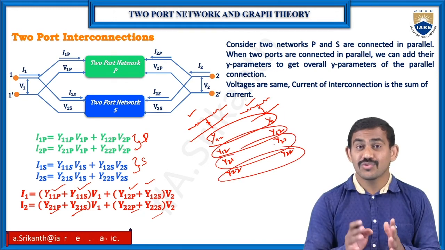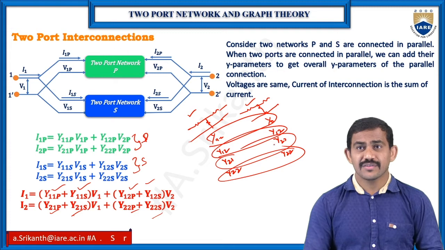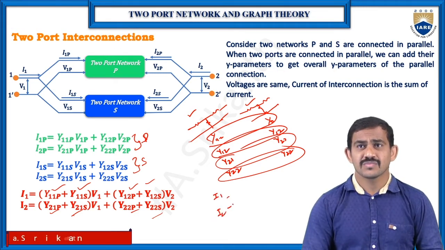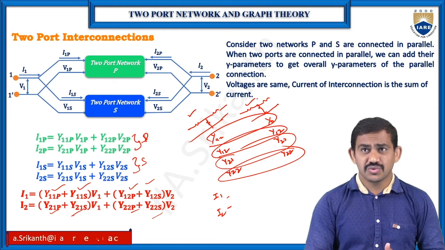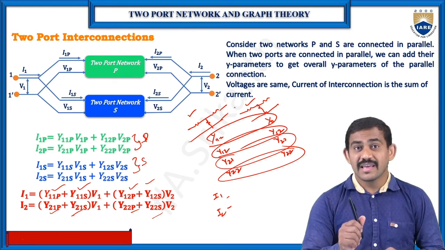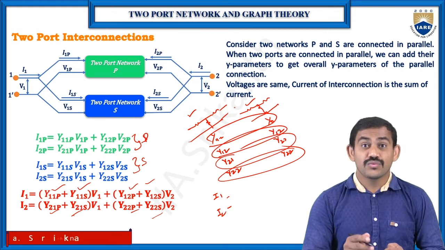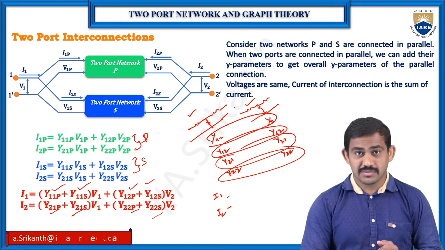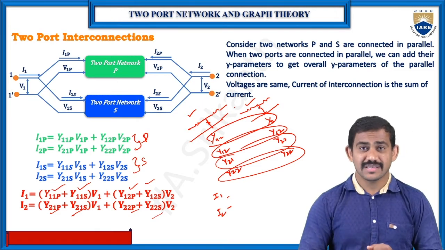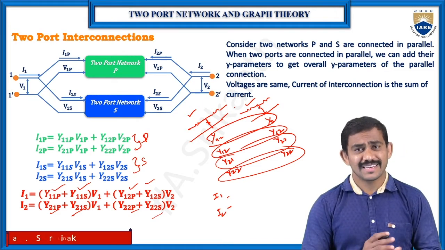We need to add both values and write the I1 and I2 equation. And guys, when two networks are parallel, then we need to go for the admittance parameters, means we need to find out the admittance values using any method. So we have a number of methods.